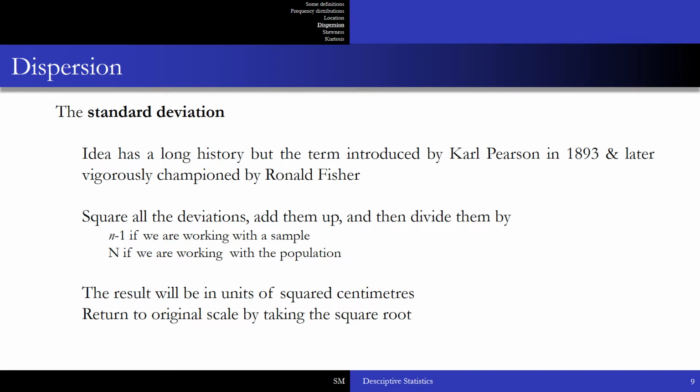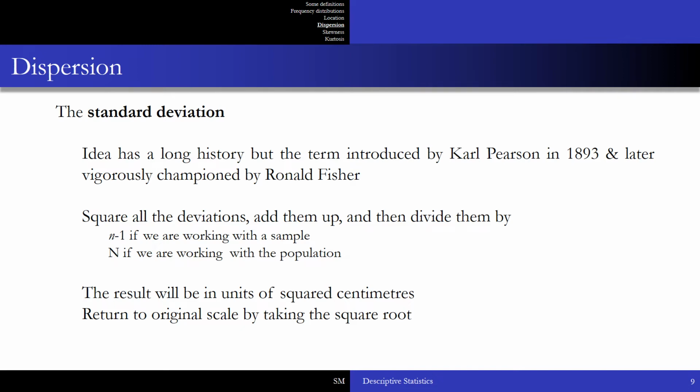We're already, in our example, about 90% of the way to defining it. What are we going to do? Well, the idea is square all the deviations between the observed value and the mean, add them up, and then divide this sum by either n-1 if we're working with a sample, or n if we are working with the population.